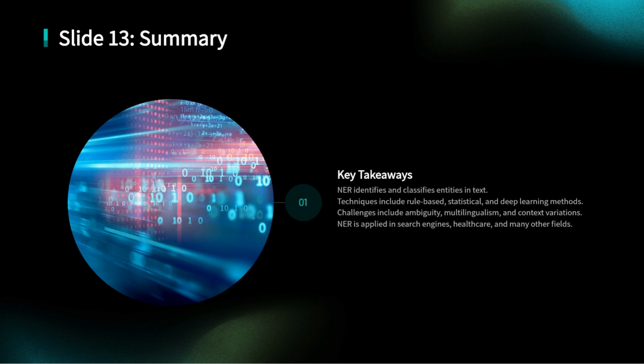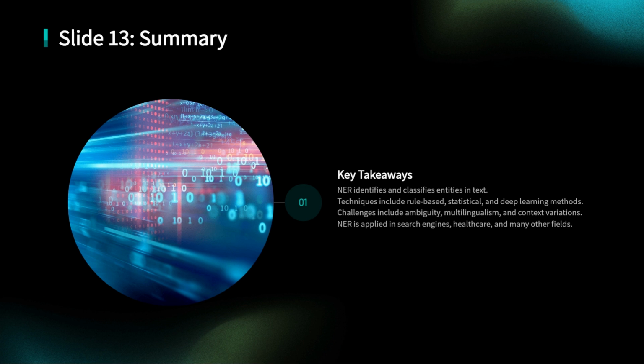To summarize, named entity recognition, NER, is a vital task in NLP that helps identify and classify entities such as people, organizations, locations, and dates. Over the years, NER has evolved from simple rule-based systems to sophisticated deep learning models, allowing for more accurate and context-aware entity extraction.